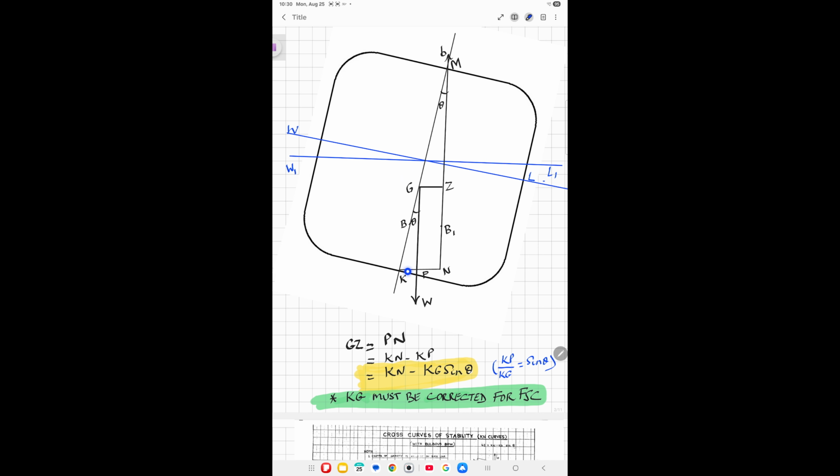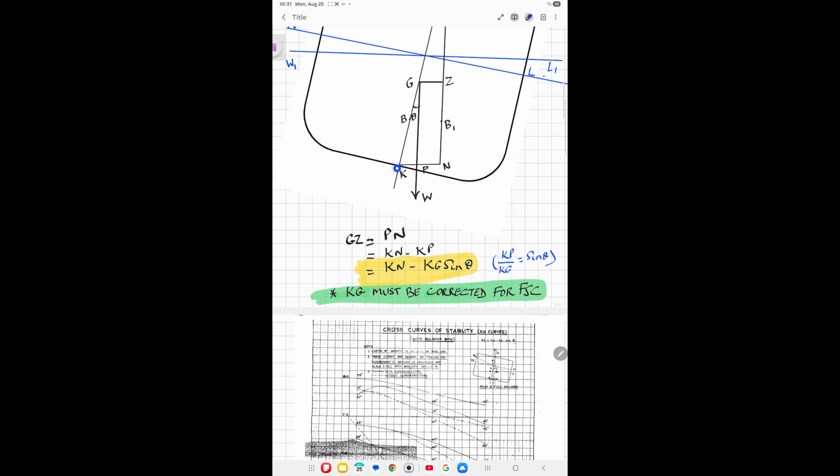We can see that GZ is equal to PN, because both the lines are parallel. And PN, you can see very clearly, is this complete line KN minus KP. So if I do KN minus KP, I come to PN.